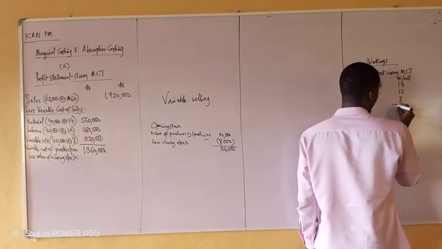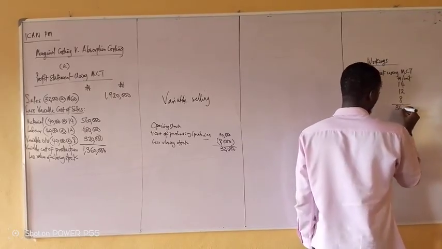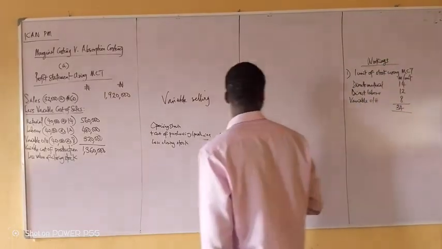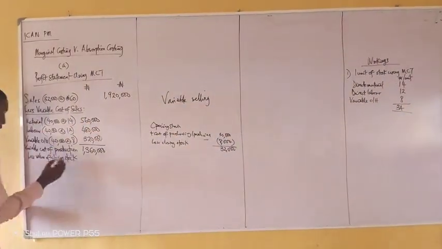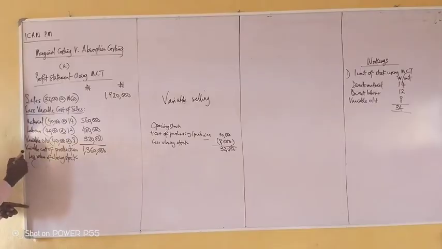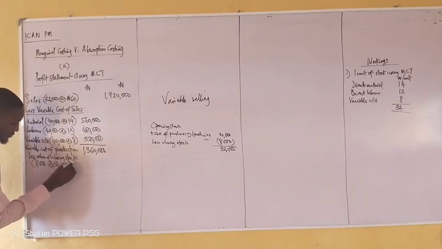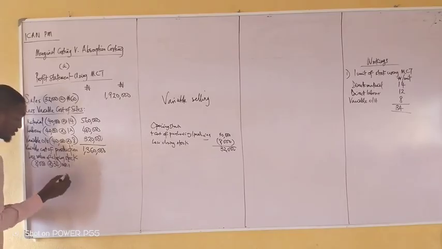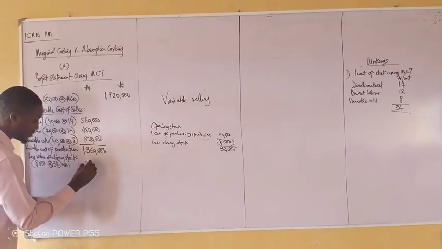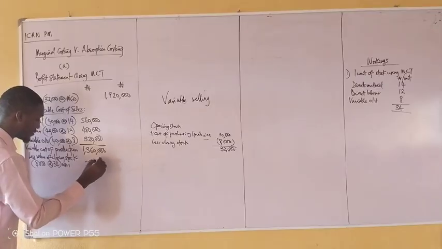Total of 34. So 1 unit of stock will be valued at 34. How many units of stock are closing? 8,000 valued at 34, which we got from workings 1, giving 272,000. So we subtract 272,000.